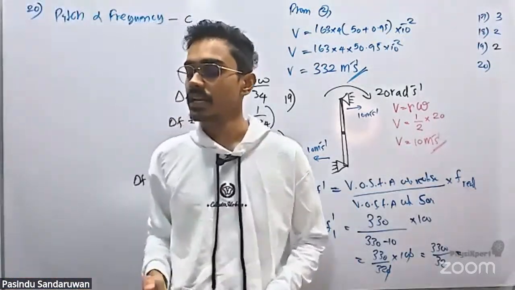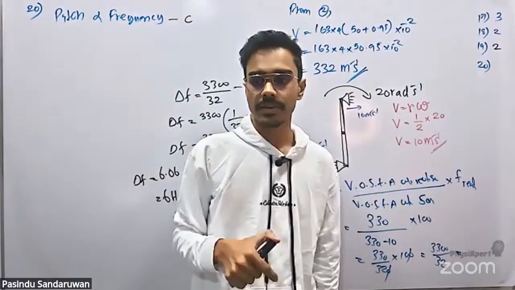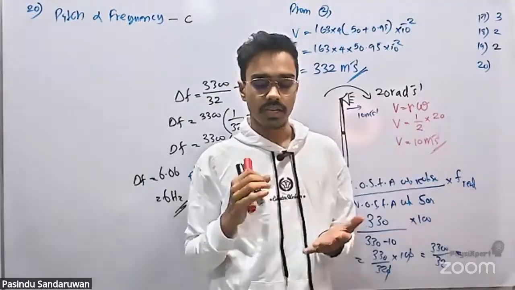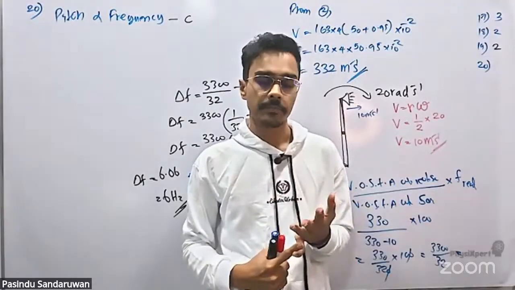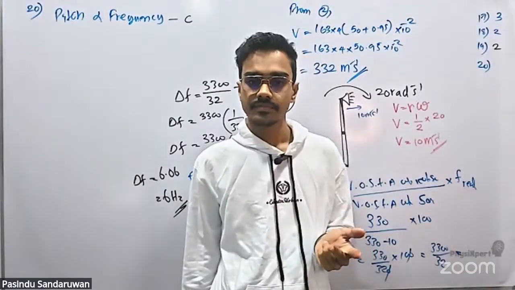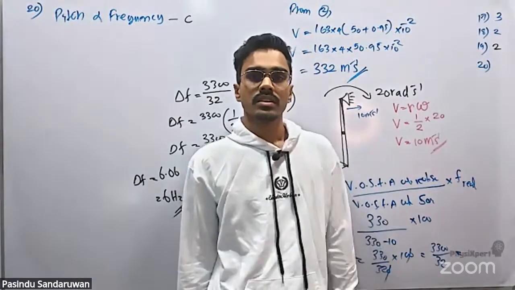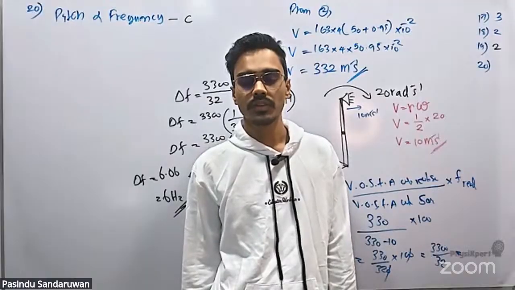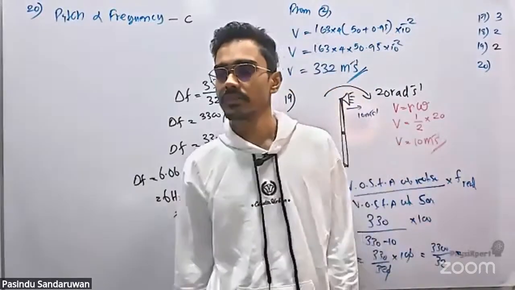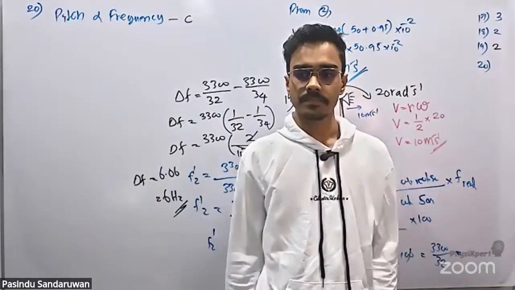Second one, wave with high loudness. Loudness depends on what? Amplitude. Now under waves, we discuss these properties: pitch depends on frequency, loudness depends on amplitude, and quality of sound depends on the overtone or the wave pattern, the shape of the wave.